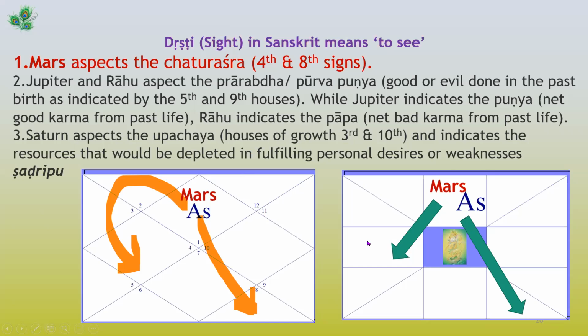You count from the 4th, 1, 2, 3, 4. You arrive at the 7th house from the Lagna. So that is what the 7th house Mars will be aspecting. Then if Mars is over here, you count 1, 2, 3, 4, 5, 6, 7, 8. So it's aspecting the 8th house, which is the 11th house from the ascendant. So please make that distinction. Wherever Mars is, it will aspect 100% the 4th house and 8th house, 100%.